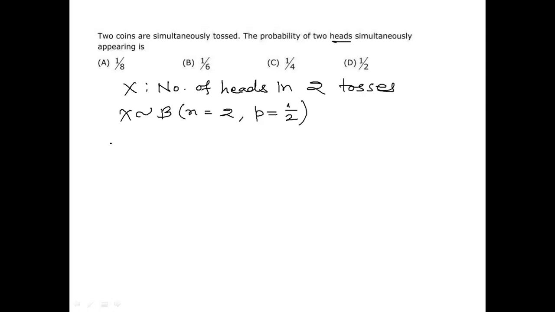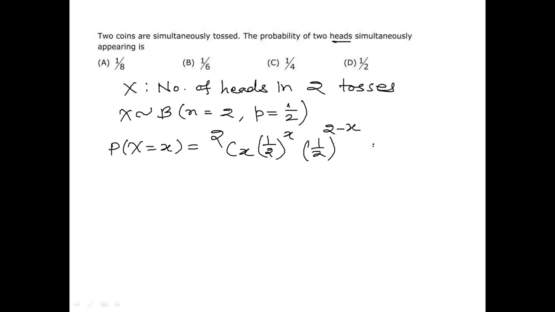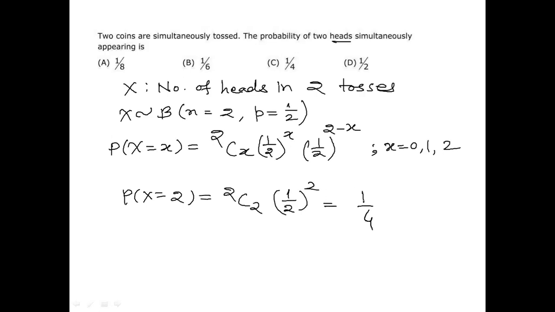Otherwise it has no meaning. So the probability mass function is 2cx (1/2) to the power x into (1/2) to the power 2 minus x. And whenever p and q are both the same, then we have to modify this formula. The probability of two heads, so the probability that X is equal to 2, is equal to 2c2 times (1/2) to the power 2. That is 1 by 4. 1 by 4 is the probability.